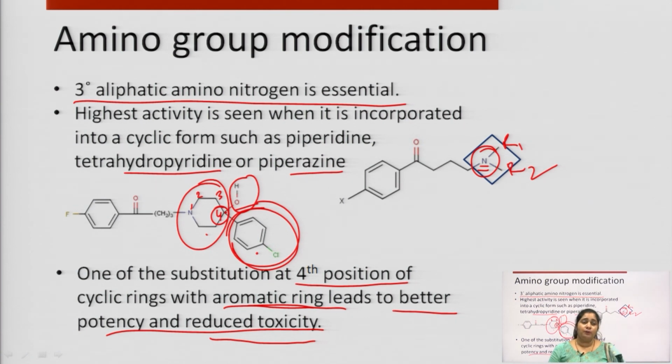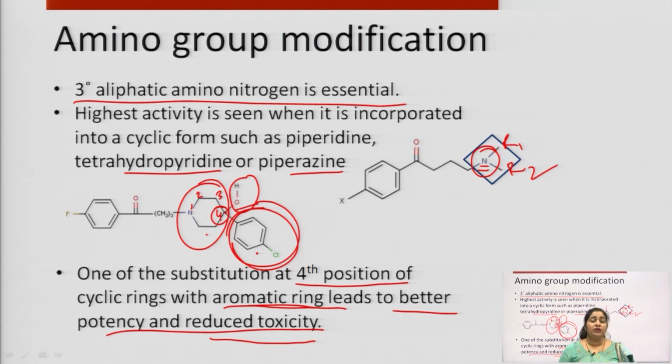So, when we talk about amino group modification, and we are talking about antipsychotic agents, we must keep in mind that a tertiary aliphatic amino will definitely work, and apart from that, if we can incorporate this nitrogen into a cyclic ring, any cyclic form such as piperidine or piperazine, that will be a much more active compound as compared to the dimethyl, the tertiary aliphatic amino group.